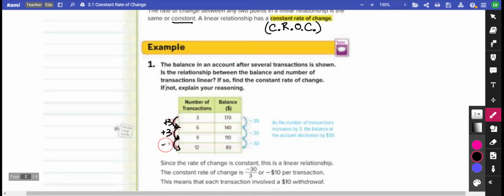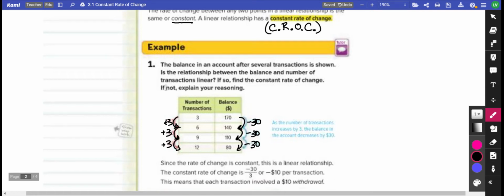Each time we're adding 3. So far, this has a constant rate of change, at least for the number of transactions. But we have to have the same values for our balance then. Well, if you go from 170 to 140, 140 to 110, 110 to 80, we are decreasing by 30 each time. So we're taking away 30.